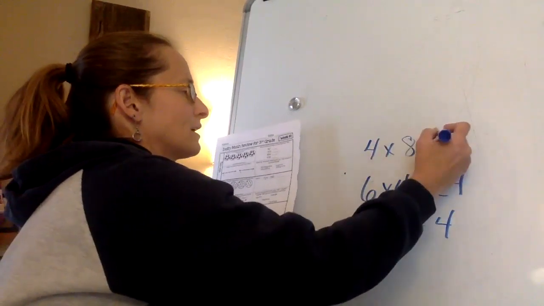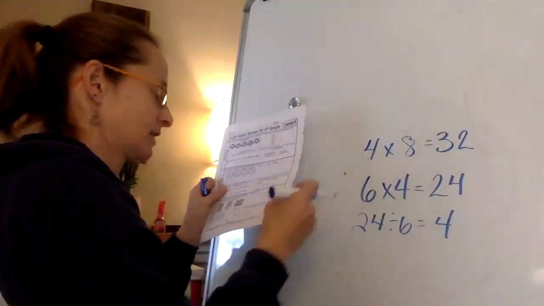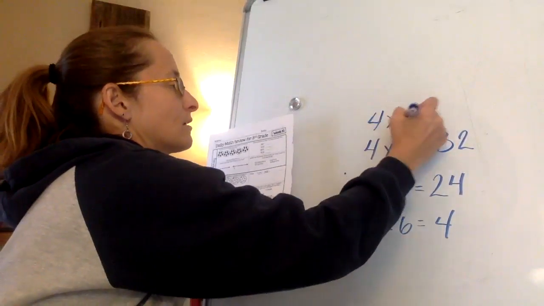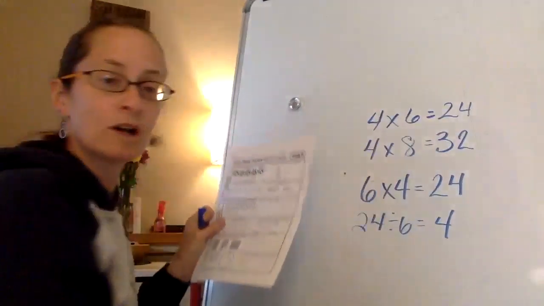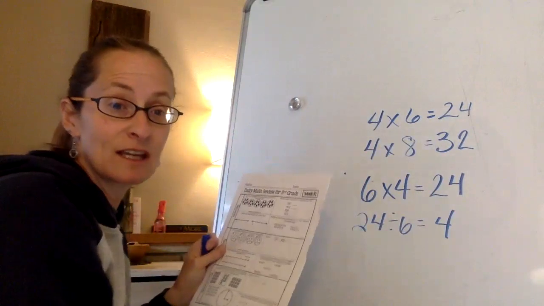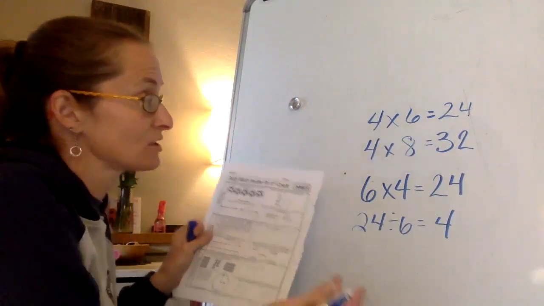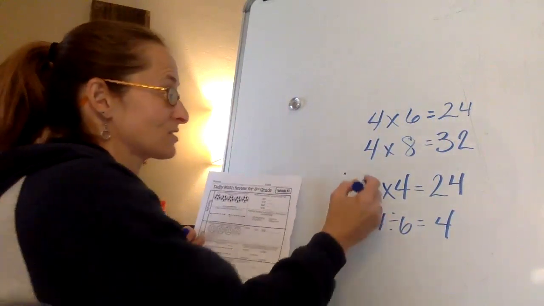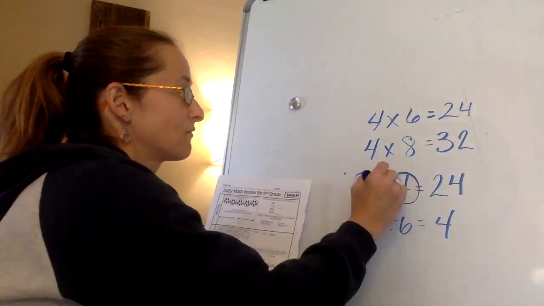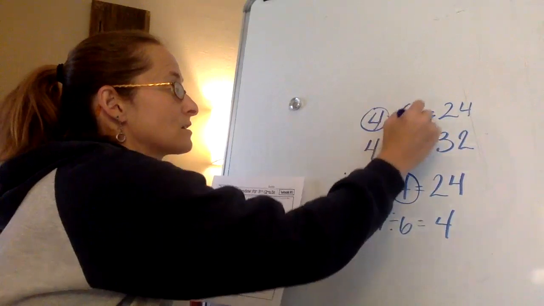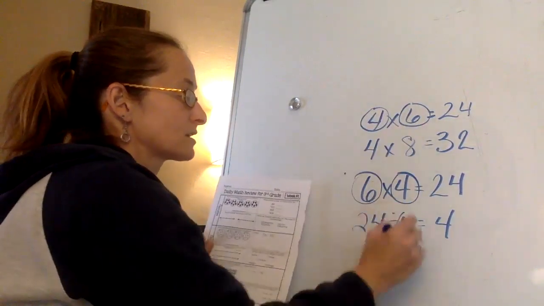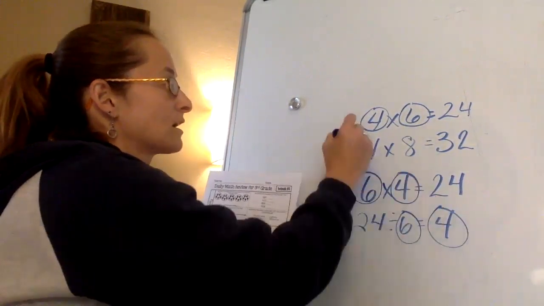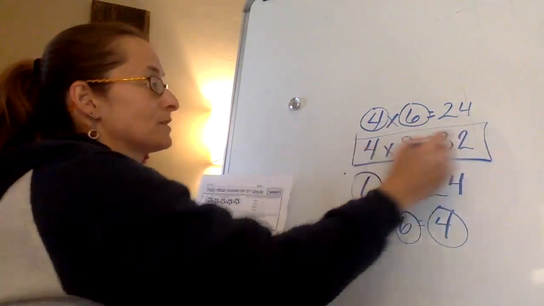Right away, I'm noticing something. One of these things is not like the other. So I'm going to circle the common factors. I see 6, 4, 4, 6, 6, 4. This one does not belong.